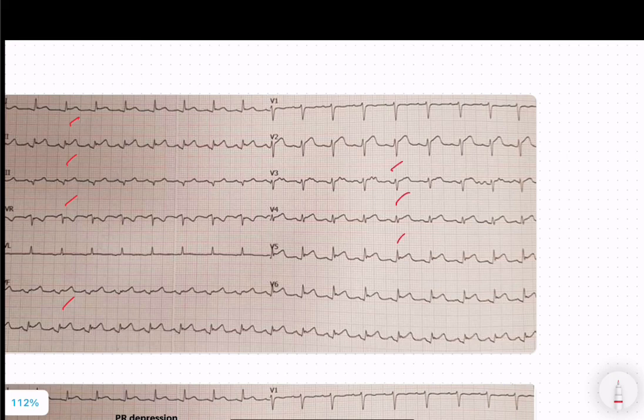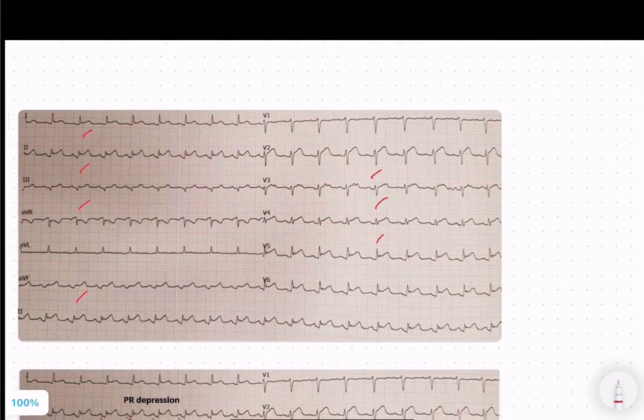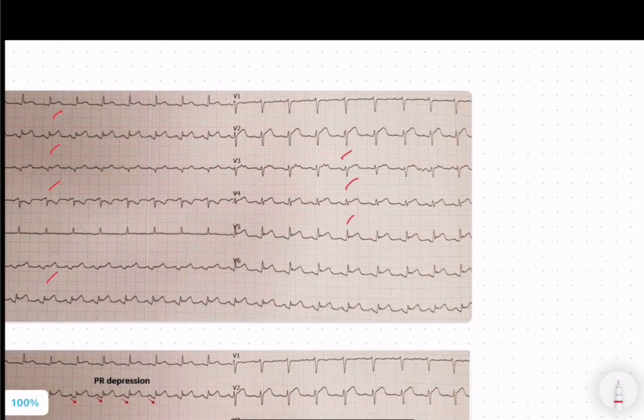Whenever we encounter ST elevations, the first condition that comes to mind is myocardial infarction, but it's essential not to overlook other possibilities.